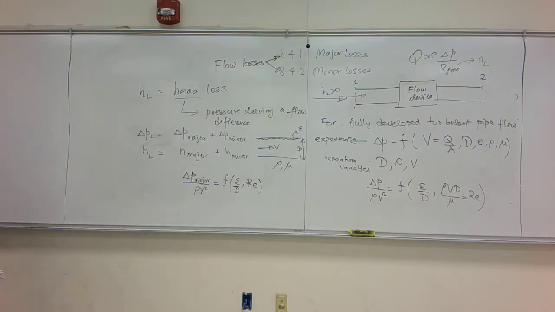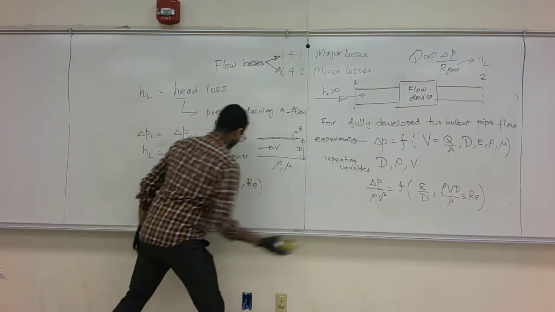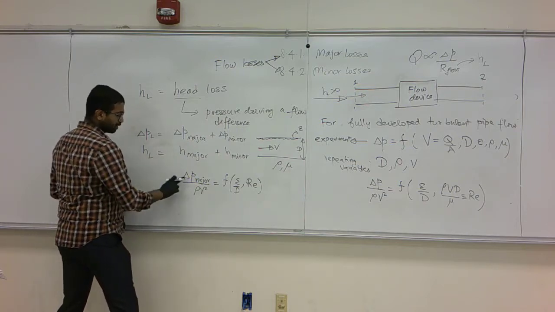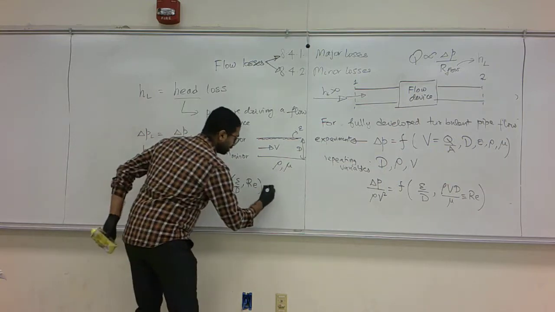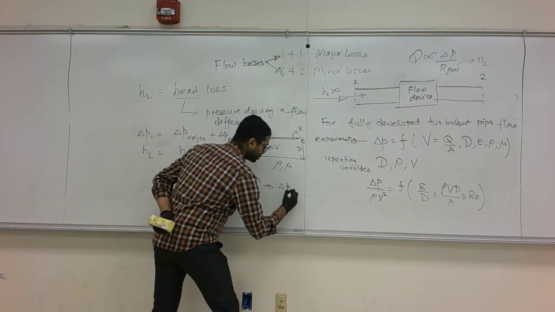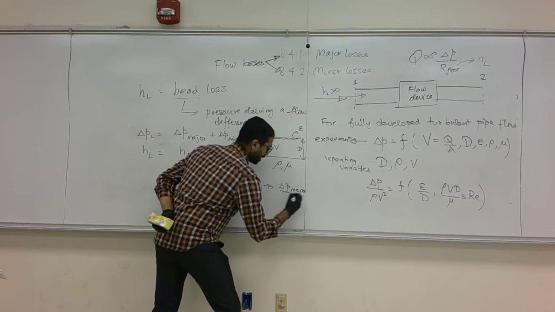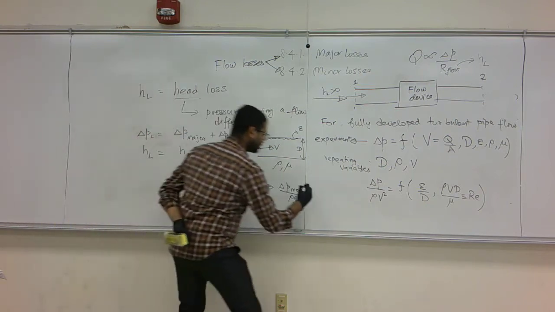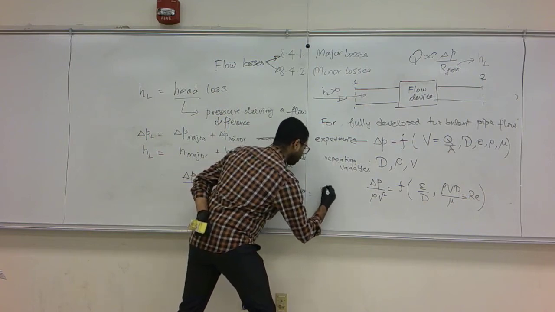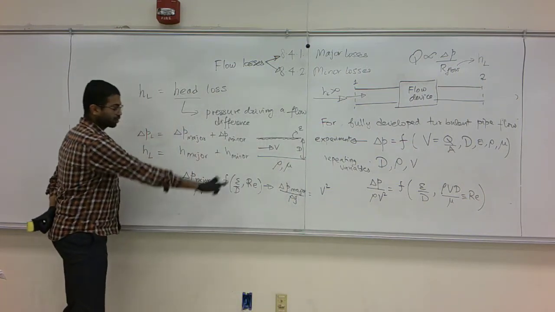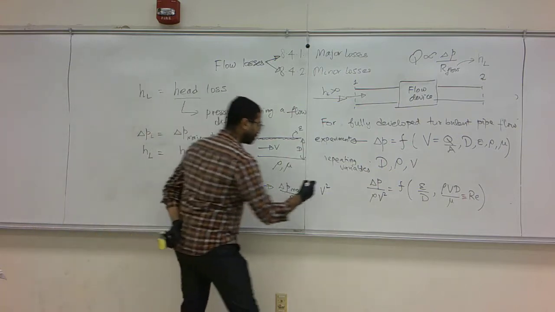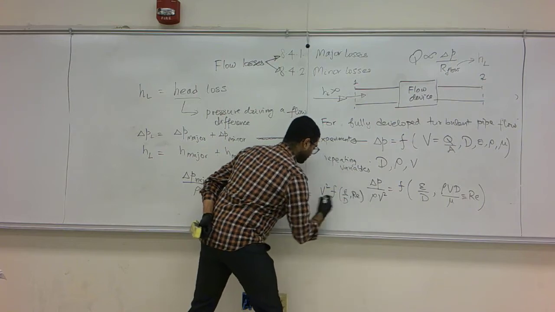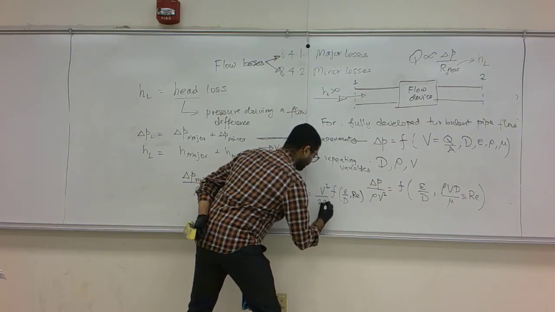Okay, so instead of in this form, I can write delta P major divided by rho g equals v squared, which I'm going to take to the other side, multiplied by a function of epsilon over d and the Reynolds number, and I'm going to write this v squared over 2g.